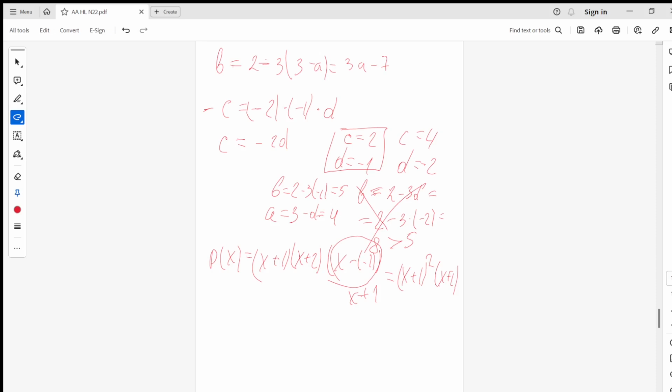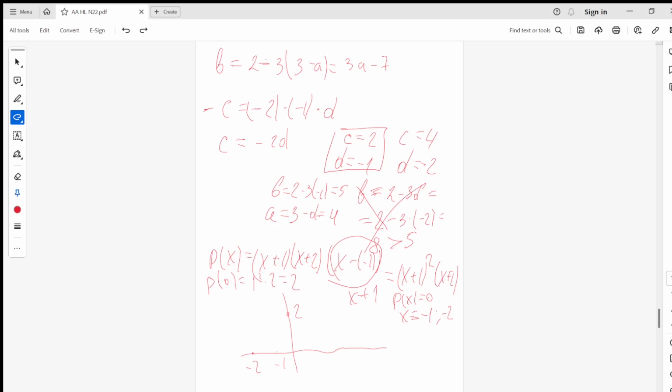Okay, so let's sketch a graph. Also, p of 0 is just 1 squared times 2, which is 2. And if p of x is equal to 0, then x is equal to either minus 1 or minus 2. So let's put those points.